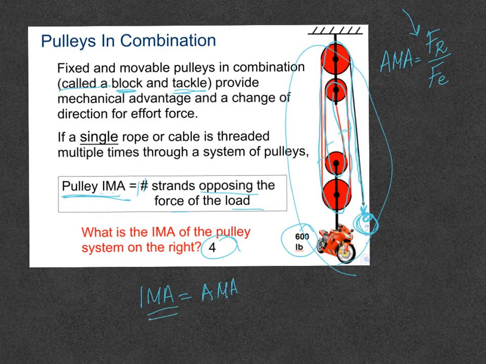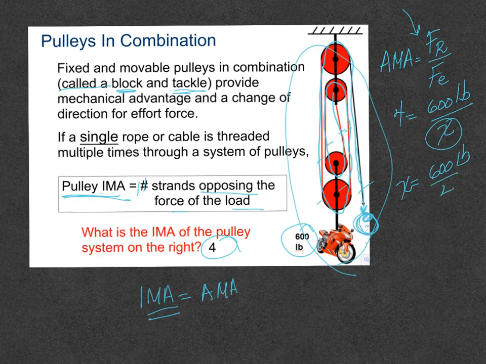So the ideal mechanical advantage is 4, because remember that you were counting the strands that were opposite to that. I know that my resistance force is 600 pounds. Now I want to find the effort force that I need to apply on that end to move the bicycle. If you isolate the effort force over here, you have 600 divided by 4. By the way, it's going to be smaller than 600.